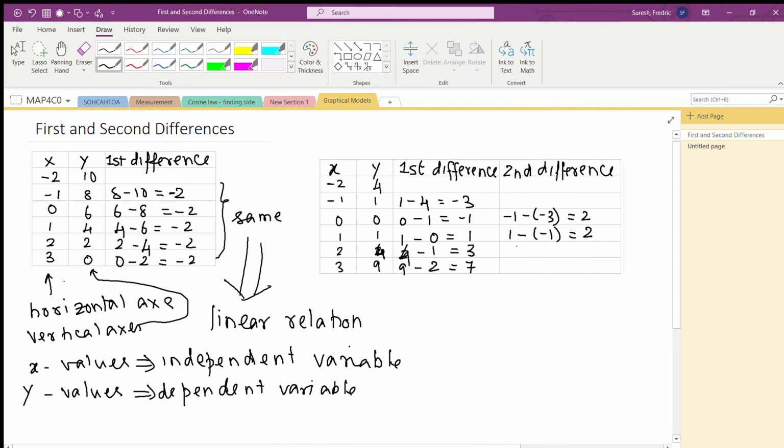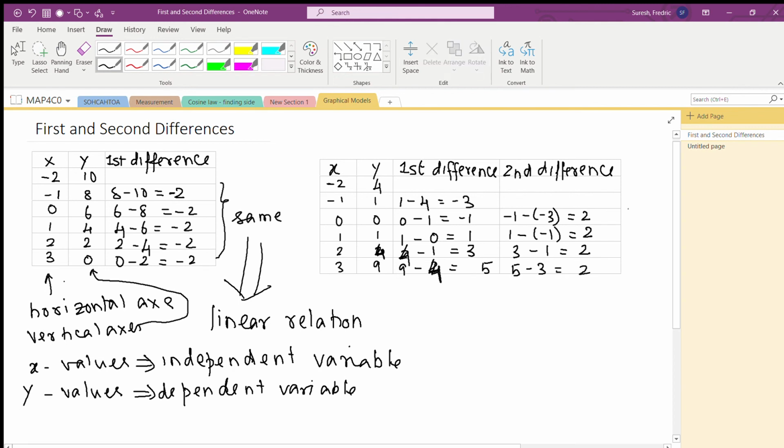Okay, now we are corrected. 3 take away 1 is a 2, and 7 take away, this is not 7, so this is 7 take away 4. 7 take away 4 is 3. So let's fix my mistakes again. So correct that. So now 5 take away 3 is a 2.